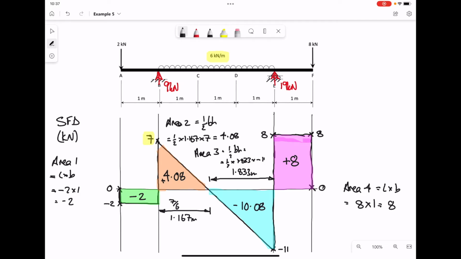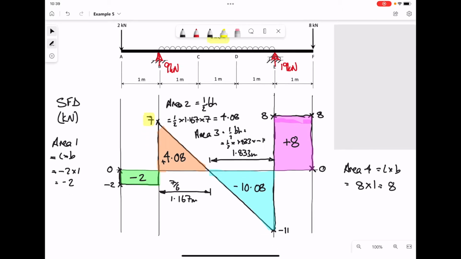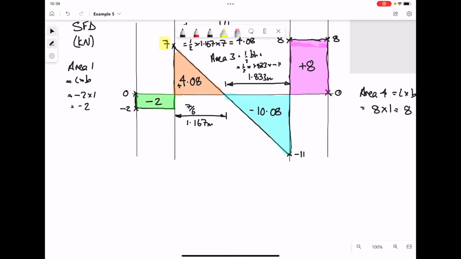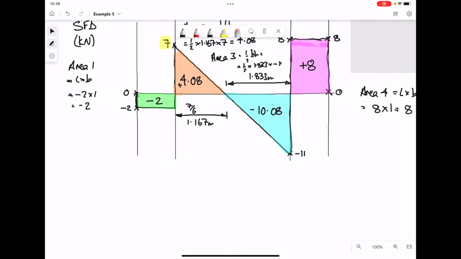We're now going to use these values for the areas to help us to plot our bend moment diagram. To help us plot our bend moment diagram, I'm going to move our shear force diagram up.